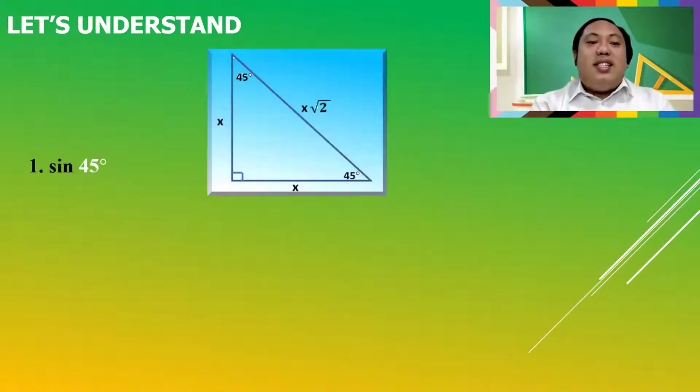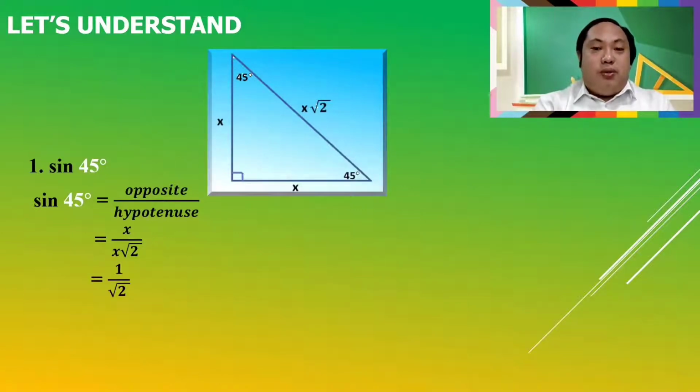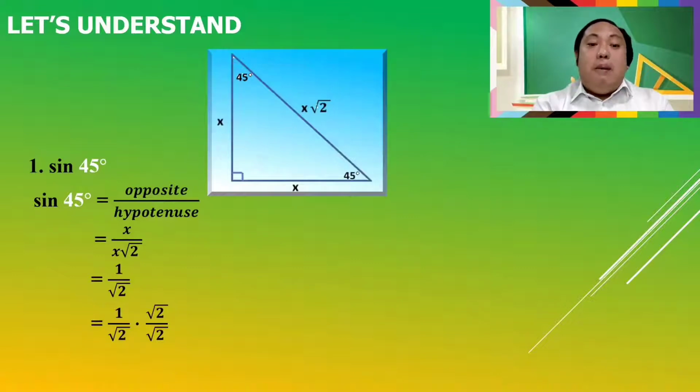Number 1, sine 45 degrees. For sine 45 degrees, we have opposite side over hypotenuse. So we have x over x square root of 2. Simplifying, we have 1 over square root of 2. Then we have 1 over square root of 2 times the square root of 2 over square root of 2 by rationalizing the denominator.